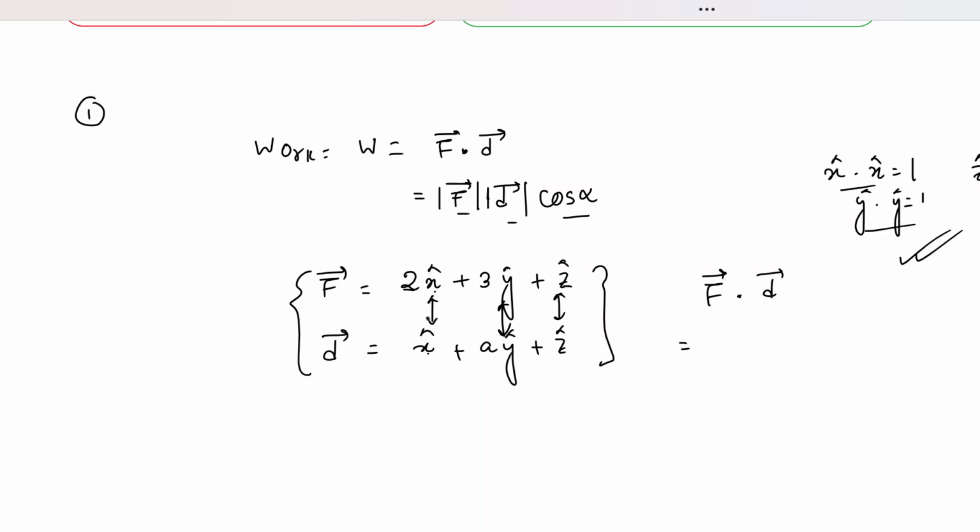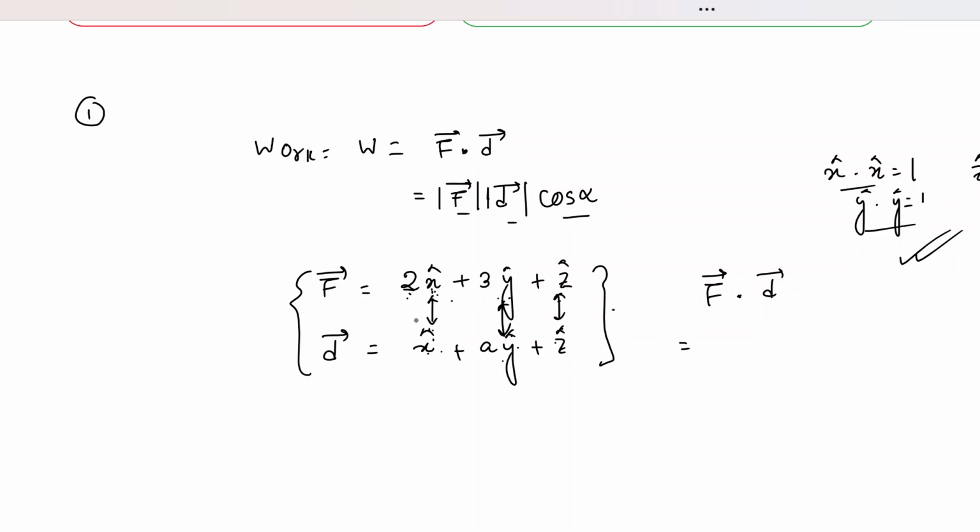You just need to check your similar unit vectors and their components, and you can easily calculate your dot product, right? Here, I am only going to consider x cap dot x cap, y cap dot y cap, and z cap dot z cap. I am not going to take x and y, or y and x, or x, z, y, because they are all 0.